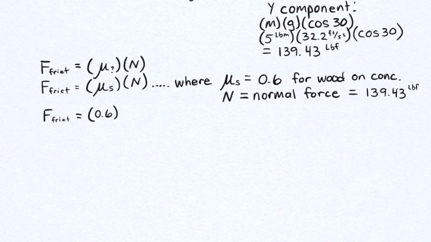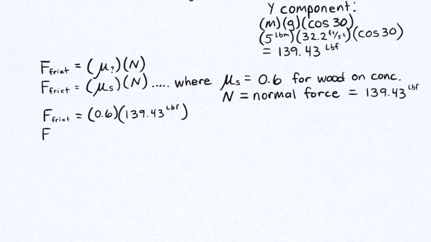They do not have units, unlike normal force, where pounds of force is the unit. These coefficients do not have any units. So force of friction equals 0.6 times the normal force, which is 139.43 lbf, which is pounds of force.